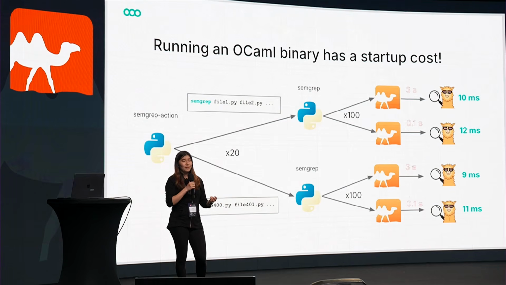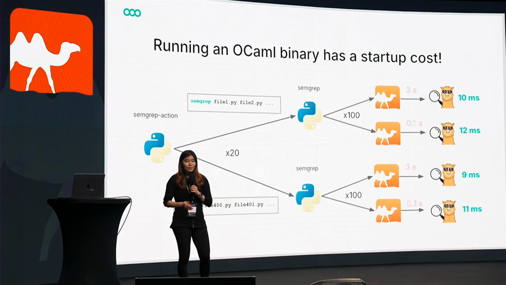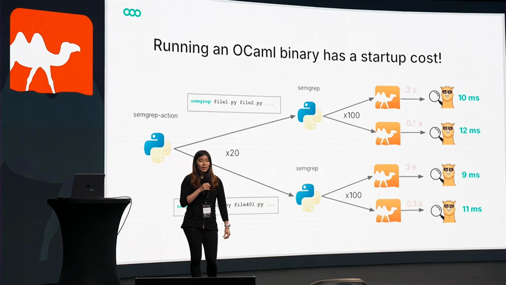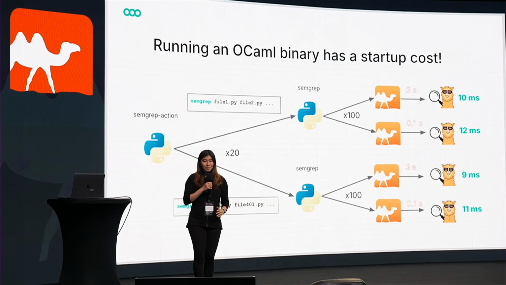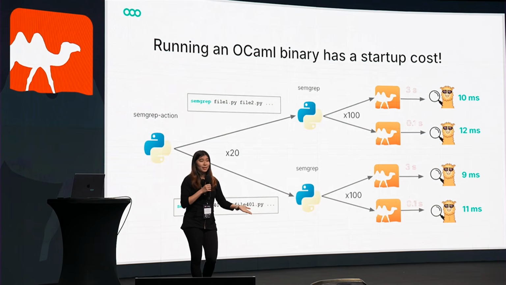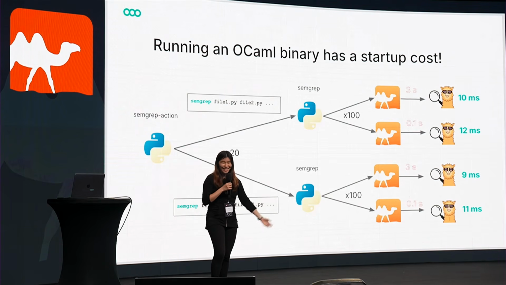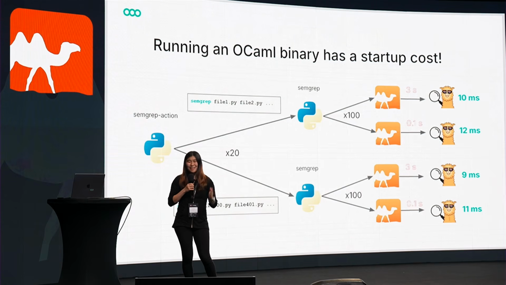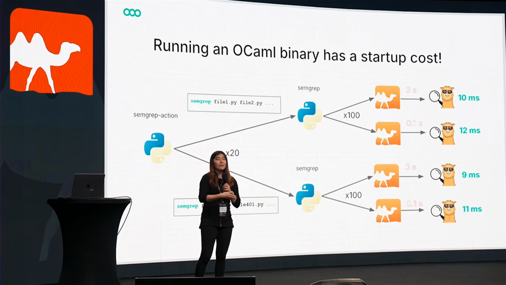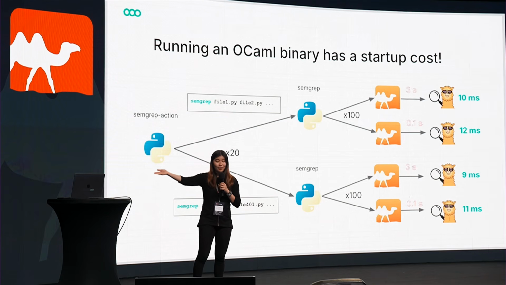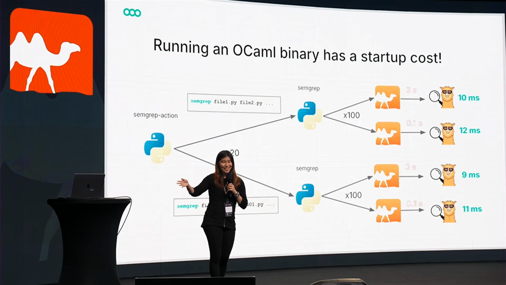But on an example code base, it wouldn't be uncommon to end up with 20 calls from Semgrep action to Semgrep, because it would take 20 pages to list all of the files, thinking about how long file paths can get. And then from Semgrep to OCaml, if you had 25 rules and each of those rules had 4 patterns, that would be 100 calls to the OCaml binary.